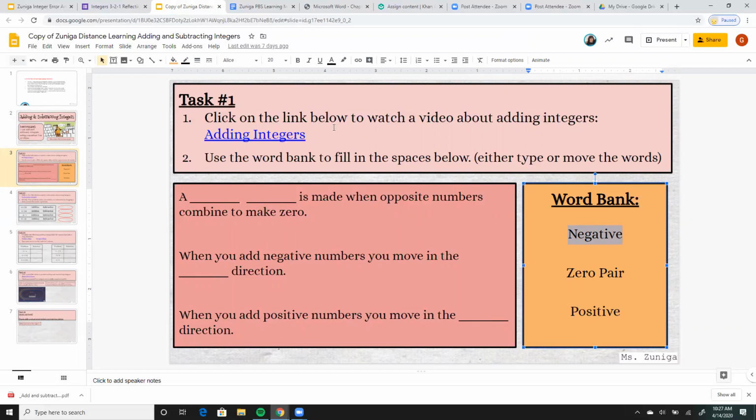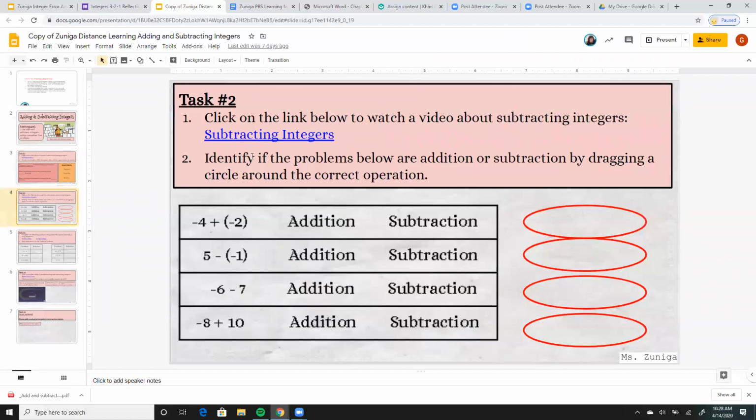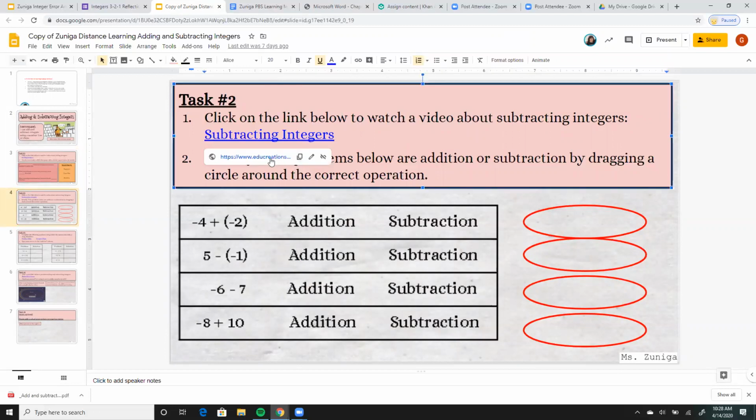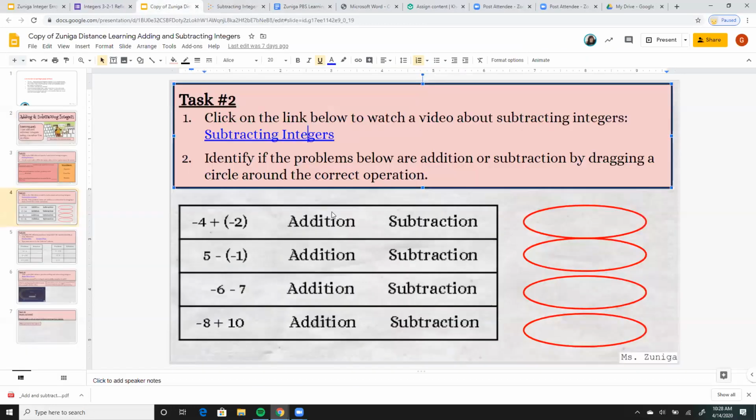This is a link to a video, and it's one of my videos, so I'm the one talking. That's for addition. For this one, you have subtraction. Again, one of my videos, just click on it to open it and watch it. Then you tell me if this is addition or subtraction by moving the little circle to whatever you think it is.